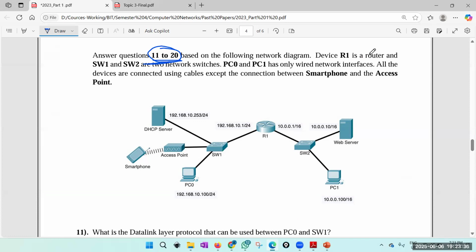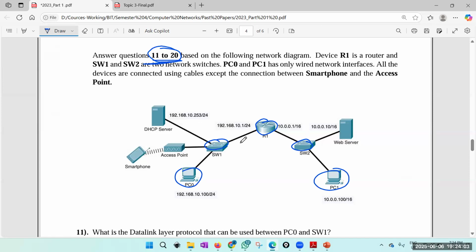Device R1 is a router. Where is R1? Yeah, this is your router. And SW1 and SW2 are switches, right? So these are switches. PC0 and PC1 have only wired network interfaces. So that means wired Ethernet.